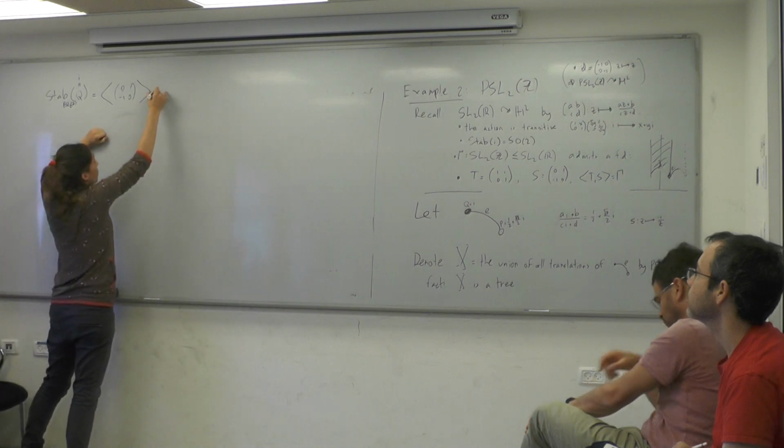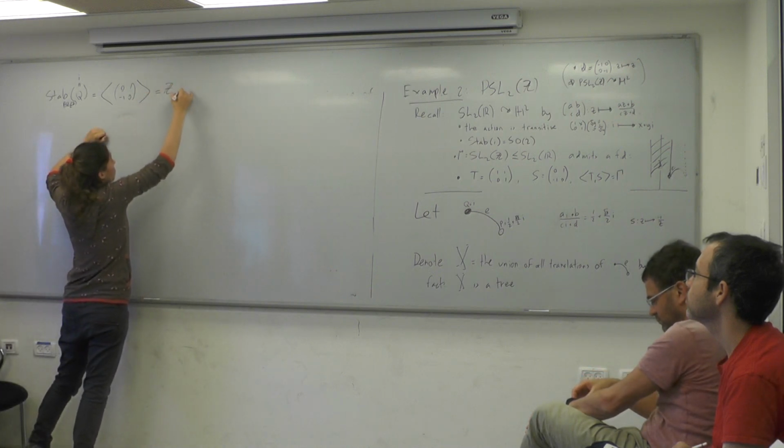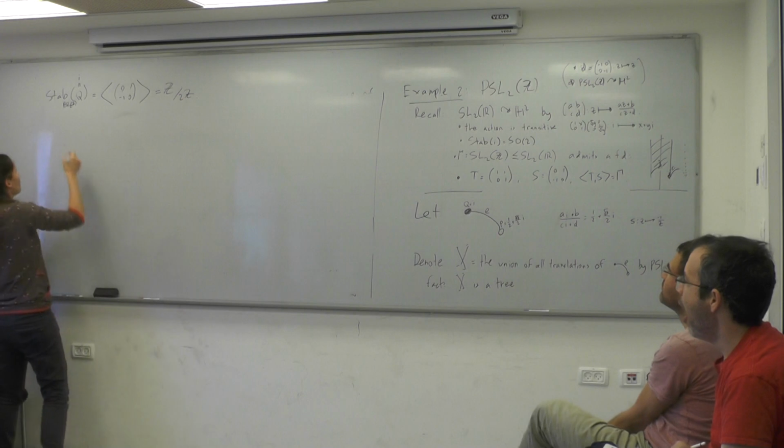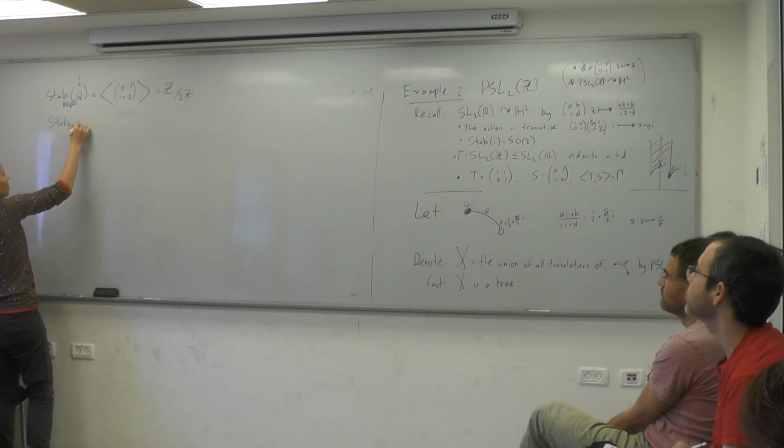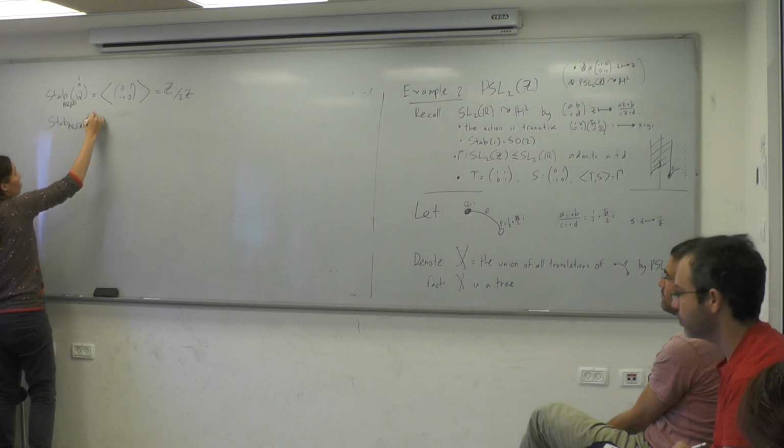So this group is actually Z mod 2Z. And you could also calculate the stabilizer of the point P.